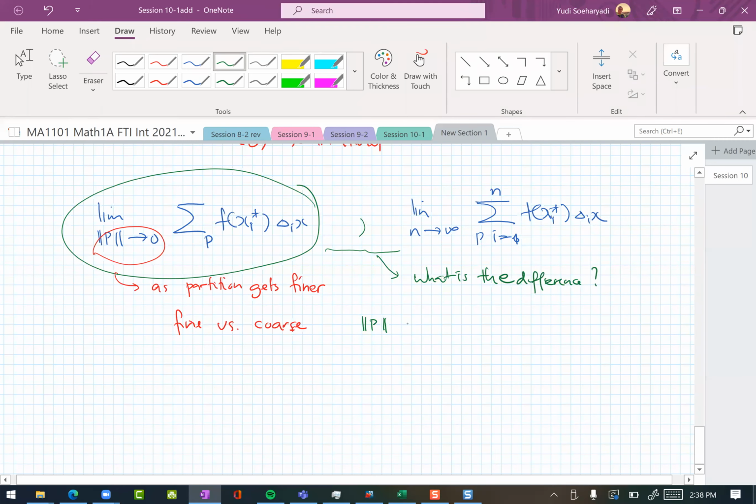So the norm of P gets to 0, meaning that this is the minimum, right? If this goes to 0, okay. I made a big mistake.